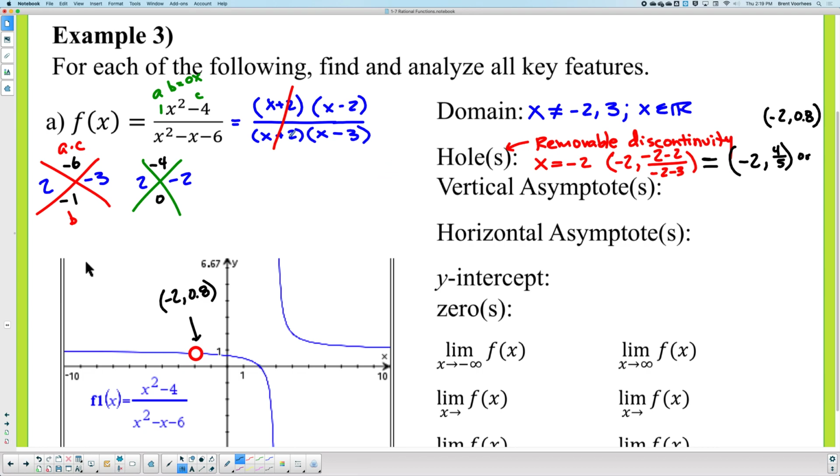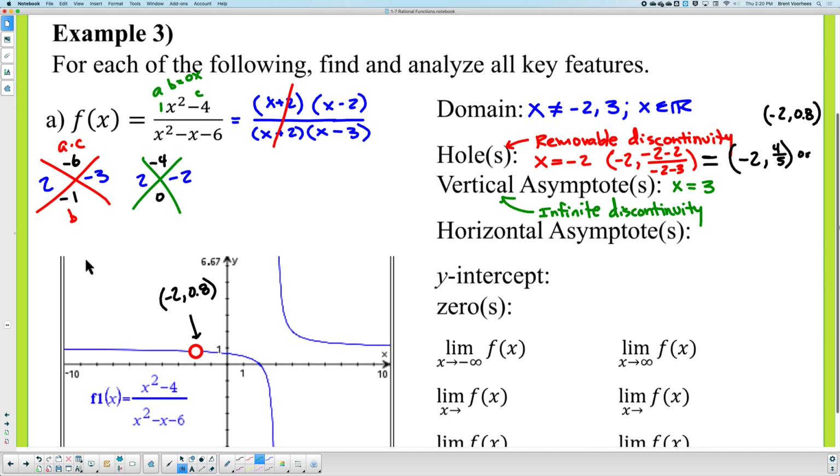Okay, so the hole is the factor that cancels. The one that does not cancel, that stays there forever, is your infinite discontinuity, your vertical asymptote. This is known as an infinite discontinuity. It's the x value, the factor that does not get canceled, which is x equals what value? 3.